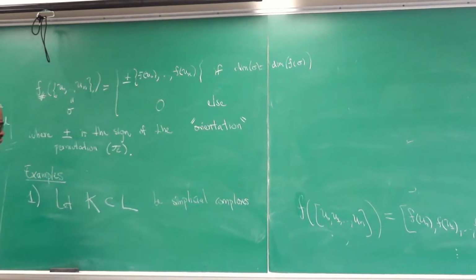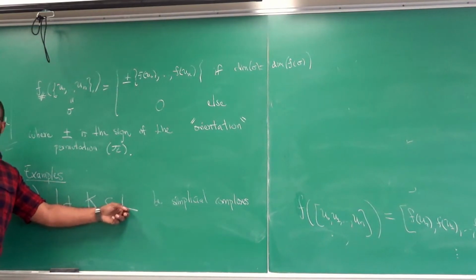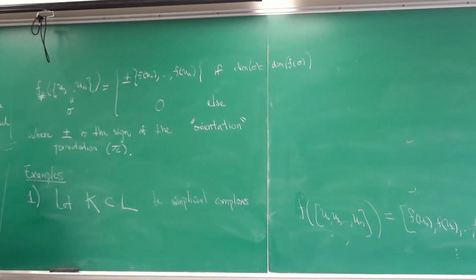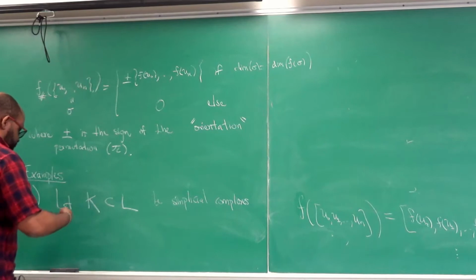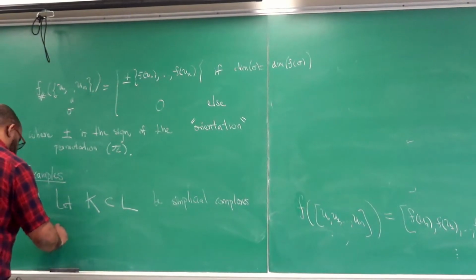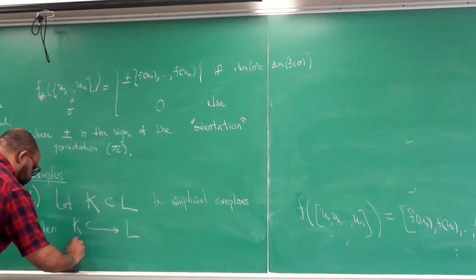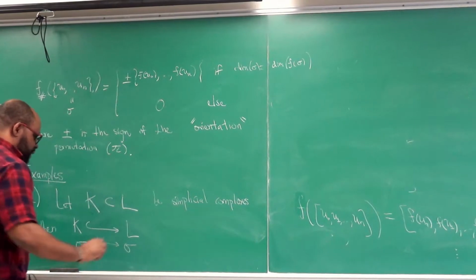Right. So this happens, for example, when I have Rips complexes at different scales. Then we have a simplicial map. Just sending sigma to sigma is a simplicial map.